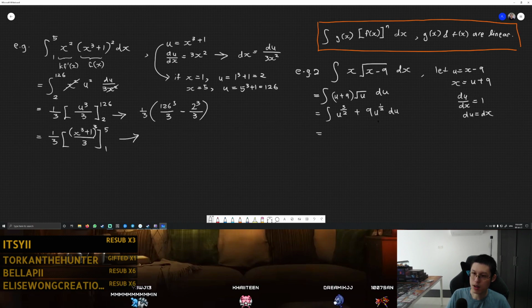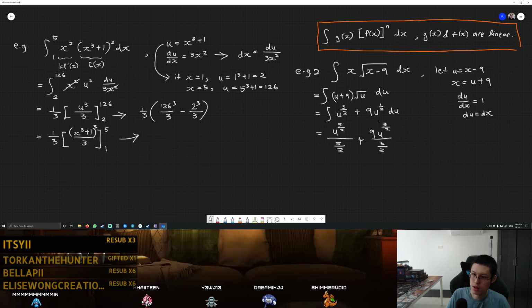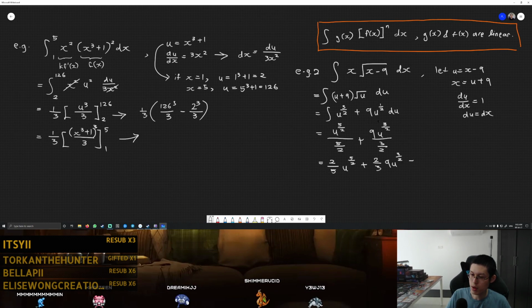And then you can integrate the terms separately, and you're going to get u^(5/2) over 5/2 plus 9u^(3/2) over 3/2. So you're going to get 2/5 u^(5/2) plus 2/3 times 9 u^(3/2) plus c. I forgot to put a plus c here.